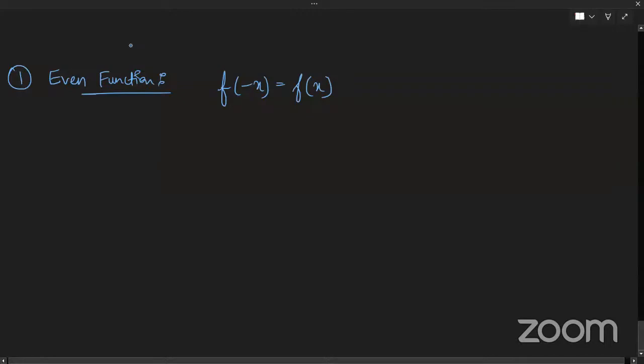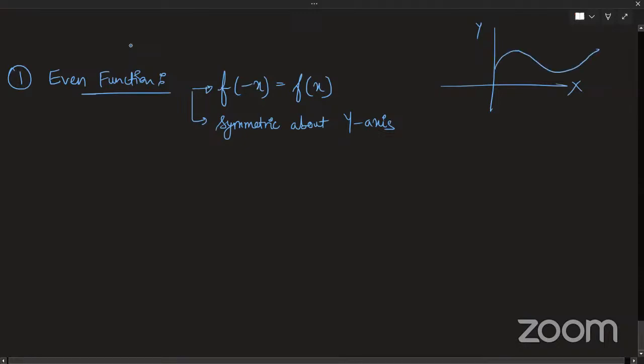It is symmetric about the y-axis. Like this is my x and y, f of x and f of minus x are basically the same. So if it is something like this on the right side, exactly opposite will be over here, because same distance from here, same distance from here, it will fetch me the same result. So its curve is symmetric about the y-axis.